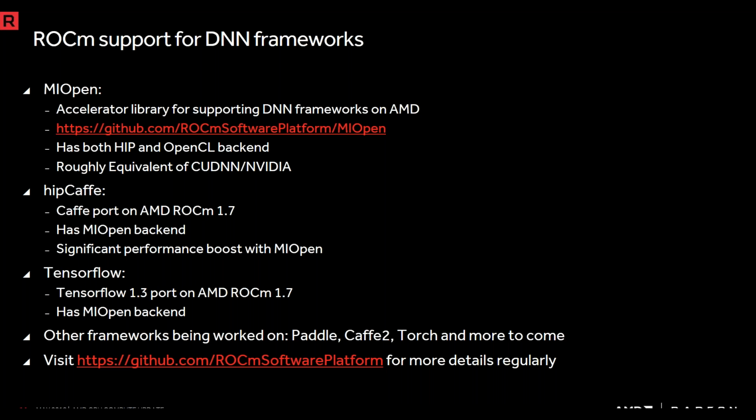Of course, TensorFlow has already released 1.7 and is going to 1.8 now, but we have the 1.3 port running on AMD GPUs with ROCm 1.7. Again, it is enabled with the MIOpen and HIP backends. We have other frameworks done by the community, such as Paddle and Caffe2. We have some versions of Torch and a few more to come.